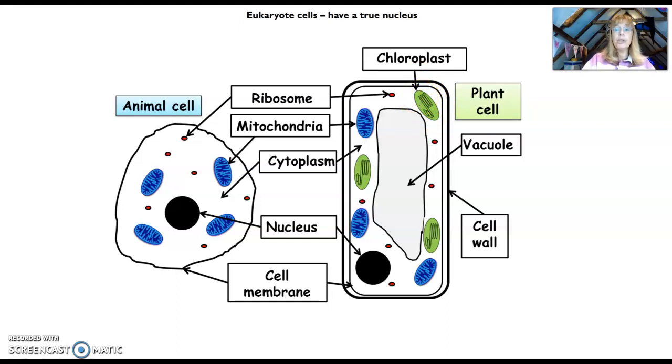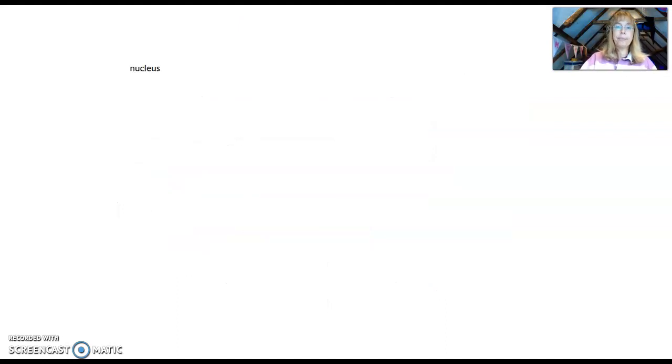So we won't find them in a root. The chloroplasts contain chlorophyll for photosynthesis. And then we have this vacuole, and we'll talk more about that in a moment. So you need to identify those structures that are different to animal cells, and we need to know what their functions are, their jobs. Let's go and have a look at that.